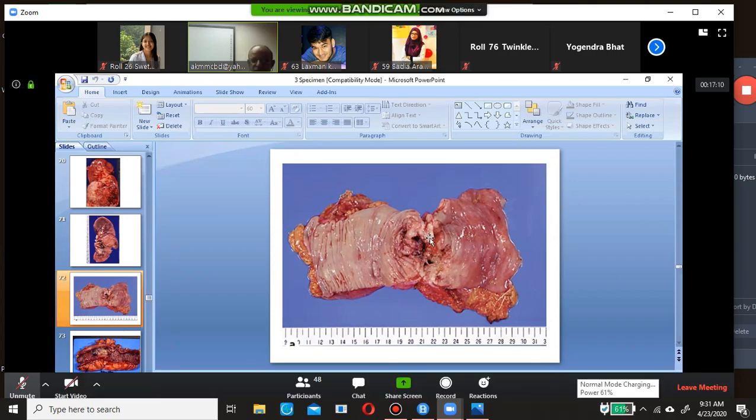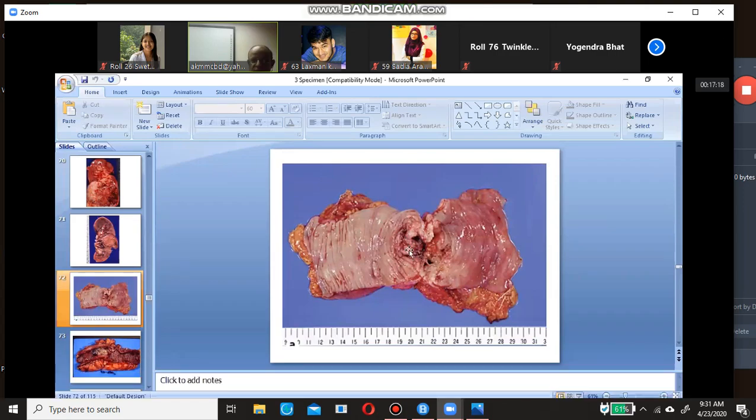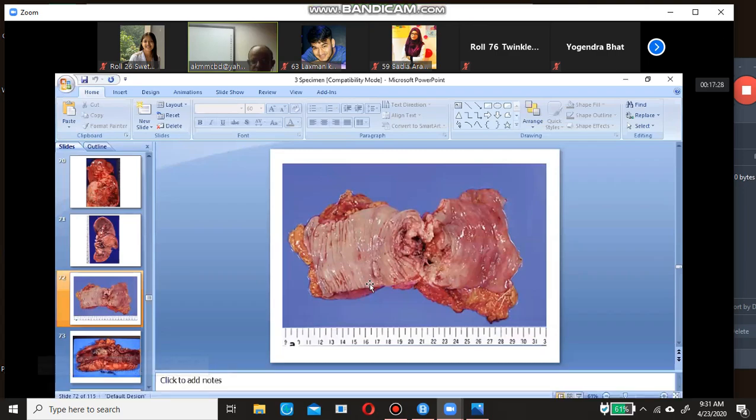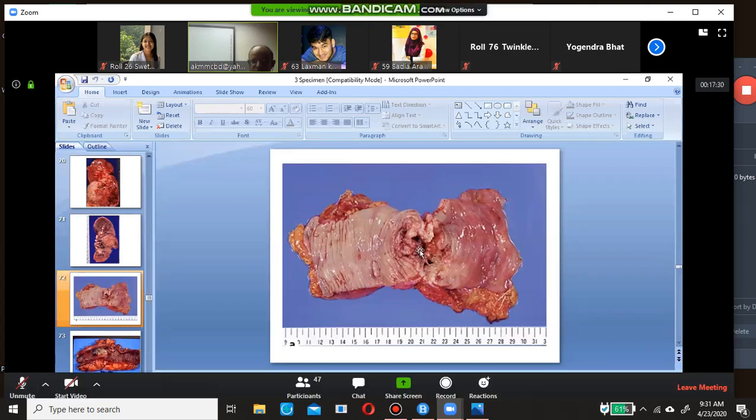There is some overgrowth, something like cauliflower, and look at the whole diameter. The diameter is narrow. Look at the diameter here, and look at the diameter here. It is narrow, a stricture. This is a specimen of carcinoma colon.